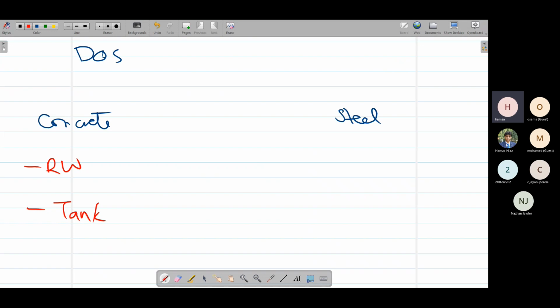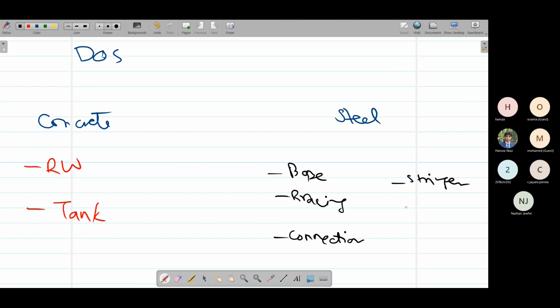For steel, we have base plate, bracing design, and connection design. So these three topics are for the Rushes portion, and for Membranes portion, we have stringer design, floor beam design, and deck slab design.